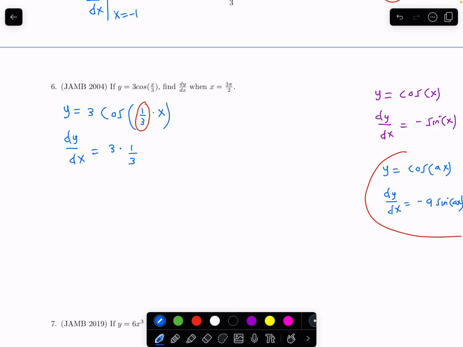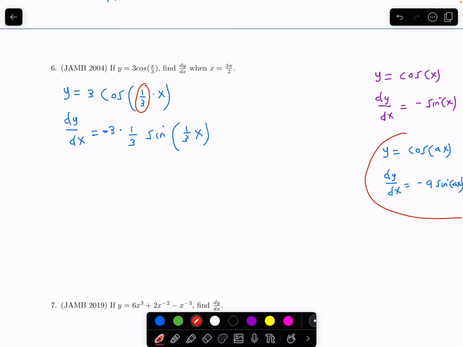But remember, since I'm taking the derivative of cos, there has to be a minus, then I have sine of 1 over 3 x. If you simplify this part, you will get negative sine of x over 3.